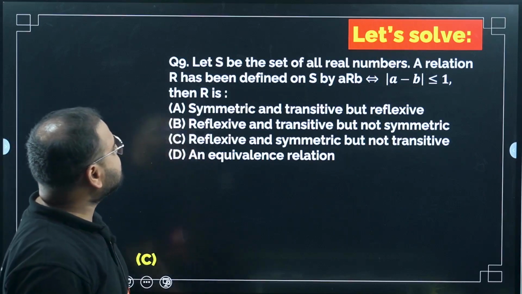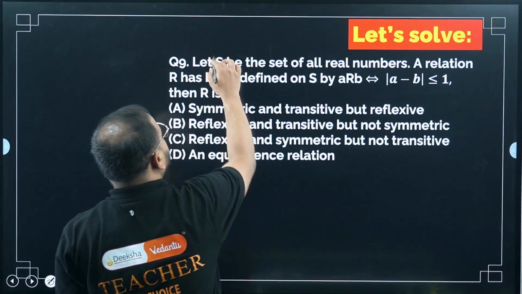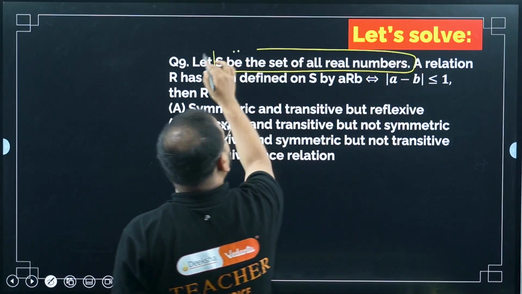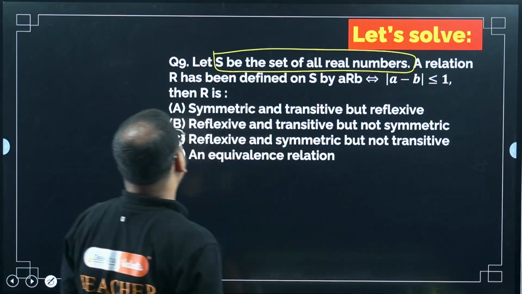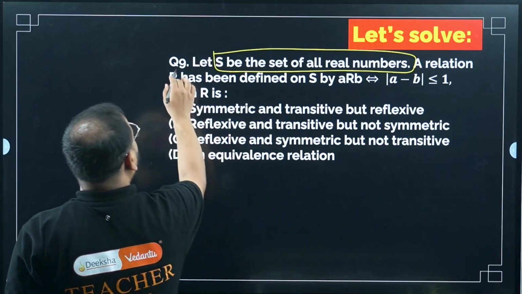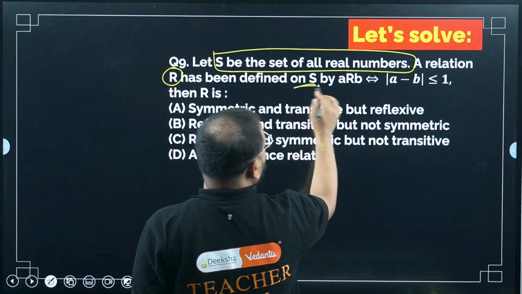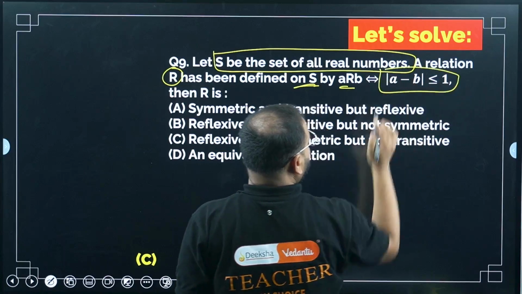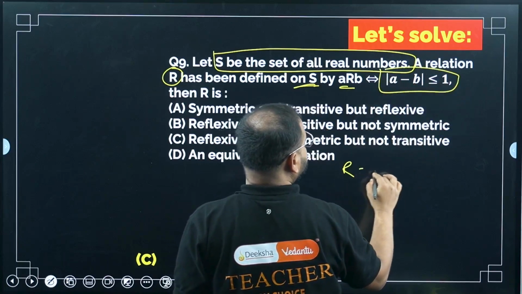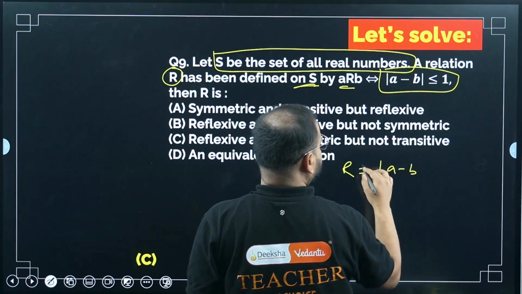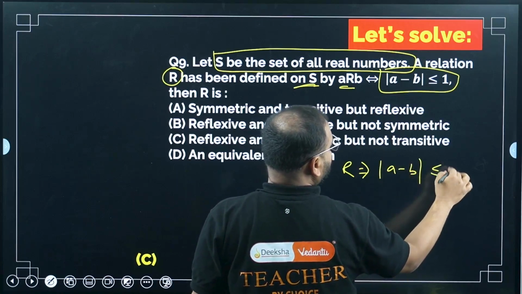Okay. S is the set of all real numbers. A relation R has been defined on S using this. Basically the relation is given by the modulus of A minus B being less than 1.